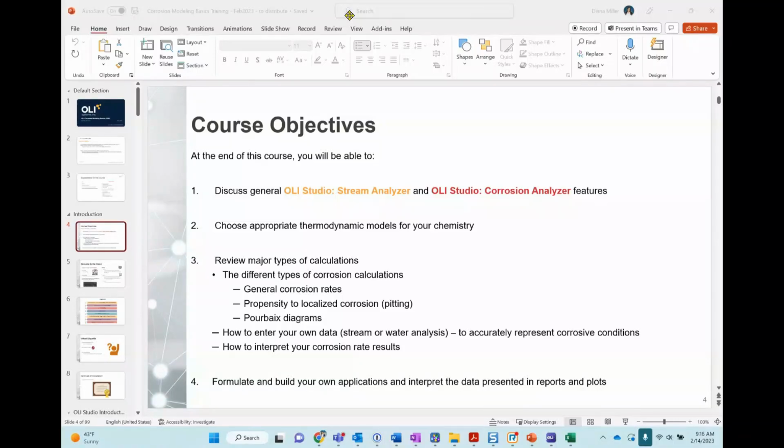I have gained quite a lot of experience from the simulation side, trying to understand when a corrosion phenomenon is happening and how you can mitigate or avoid it.